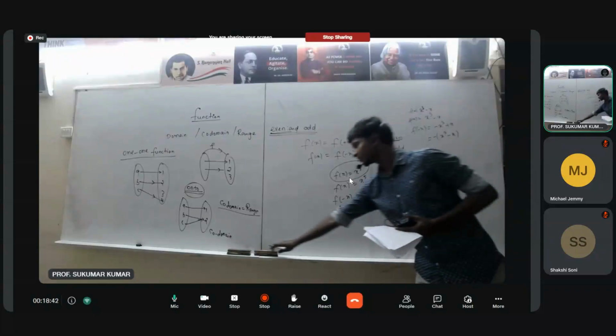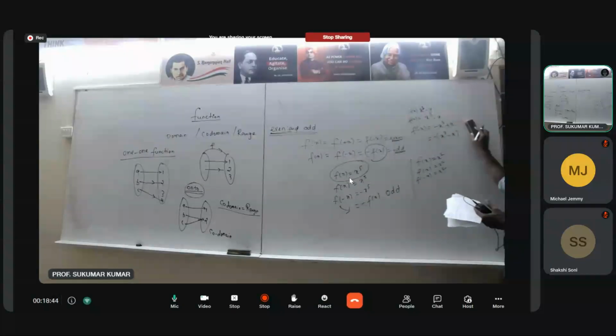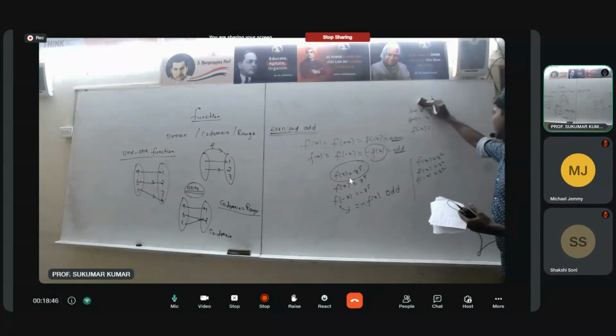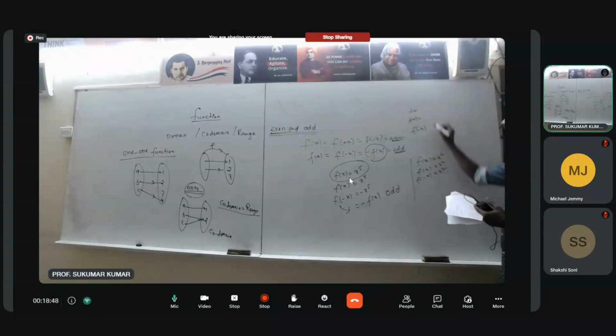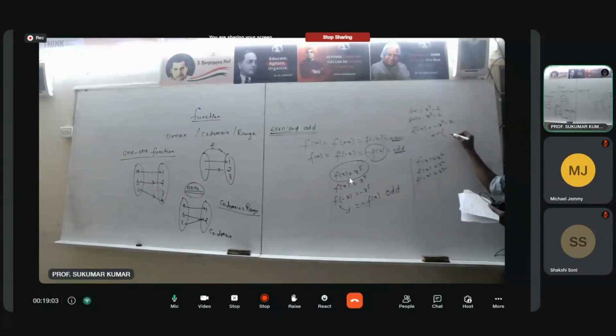Maybe we can take numbers otherwise. X cube minus 2. Positive x means x cube minus 2. Negative means minus x cube minus 2 will come. If I take minus, x cube plus 2 will come. But this is not your function now.